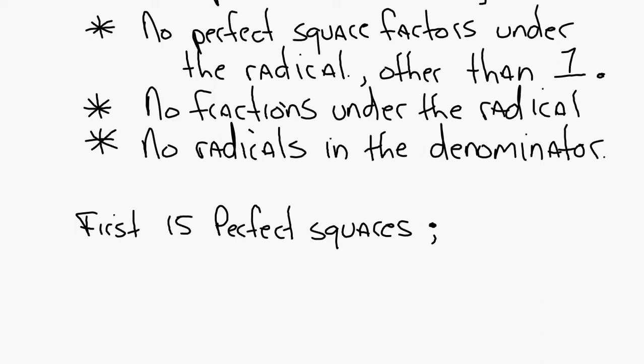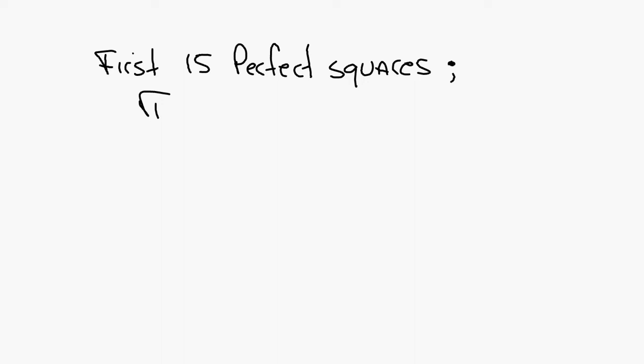Alright, so if the first test for a radical being in simplest form is that it has no perfect square factors under the radical, let's list the first 15 perfect squares. And the first 15 perfect squares are the square root of 1, 4, square root of 9, square root of 16, and the square root of 25. What's next?